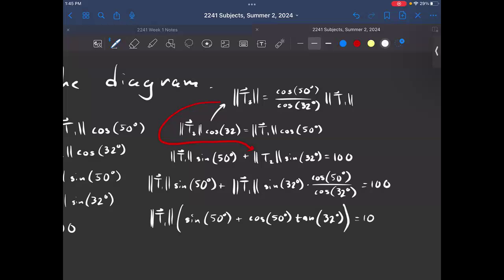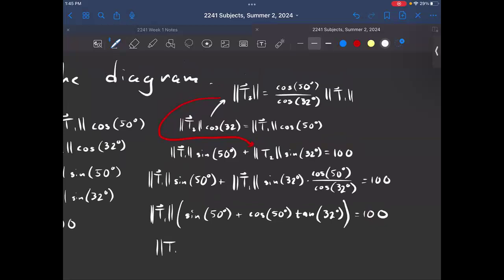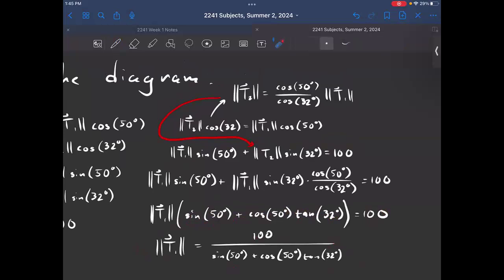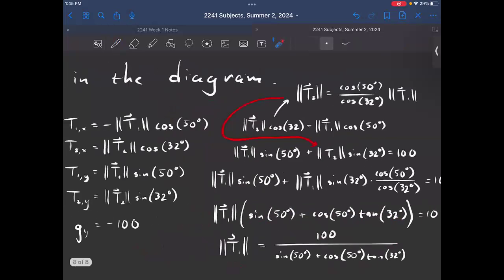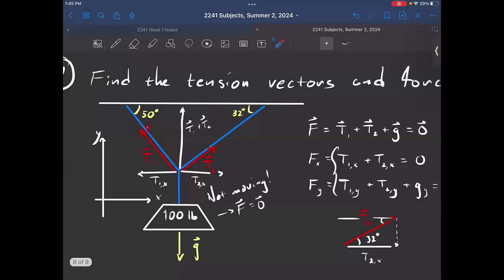And that's equal to 100. So we can go ahead and divide by all of this mess on the other side. And we get 100 divided by sine of 50 plus cosine of 50 times the tangent of 32 degrees. And that is our tension force in the T1 direction over here.